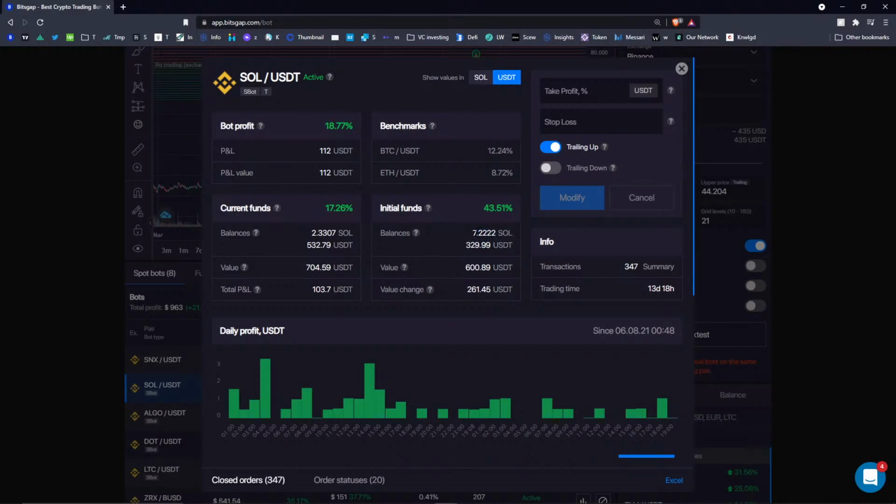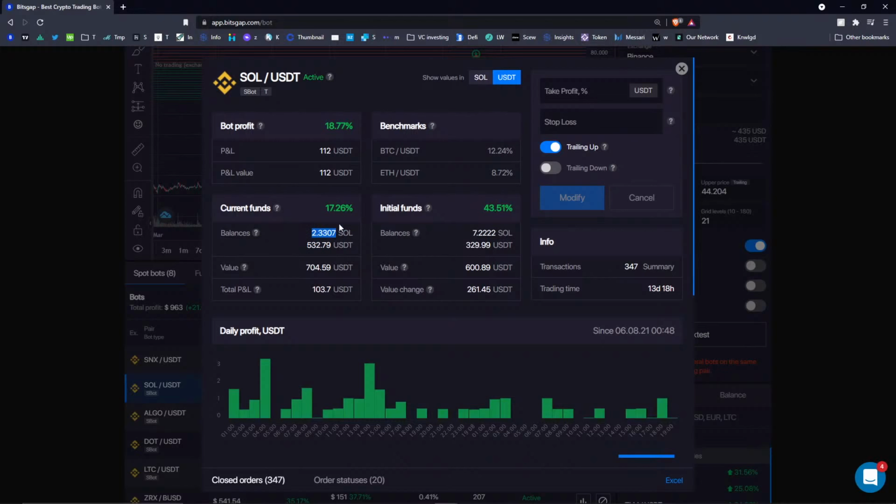At the time when I launched the bot, this was my exact allocation: 7.22 Solana and 329 USDT. If I would stick with this initial balance in my portfolio, then right now the value change would be 261 USDT. So this is compared to the current funds that I have. The bot has been trading, selling and buying Solana.